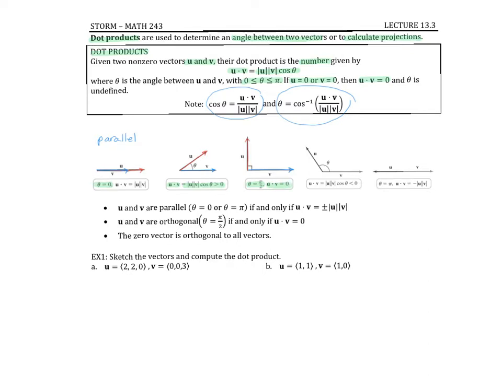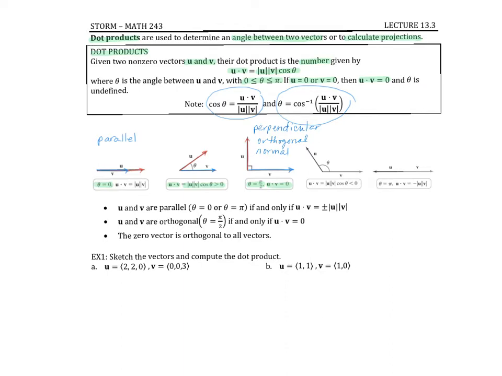We say perpendicular when we have a right angle, but we also say orthogonal, and oftentimes we'll also use the word normal. They all mean the same thing. It means there's a 90-degree angle that's formed, or an angle of pi over 2.